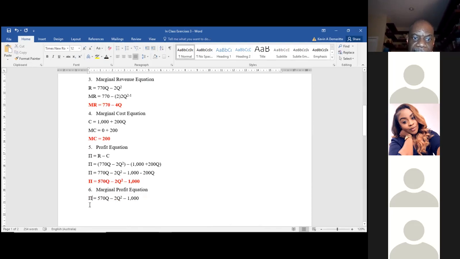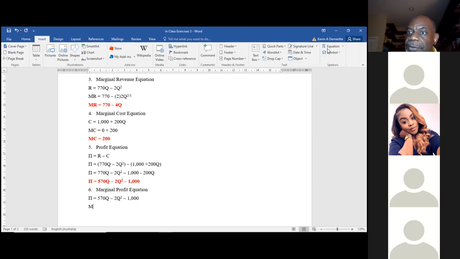So now, marginal profit, insert symbol. All right, so now we have three pieces in this equation. We have the 570Q, the minus 2Q squared, and the minus 1,000.